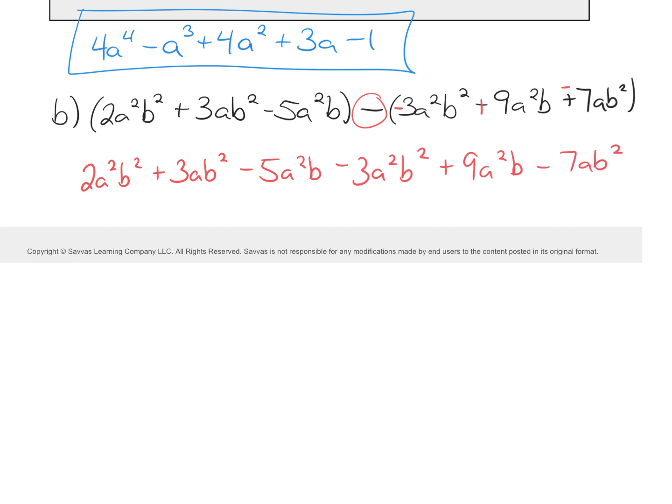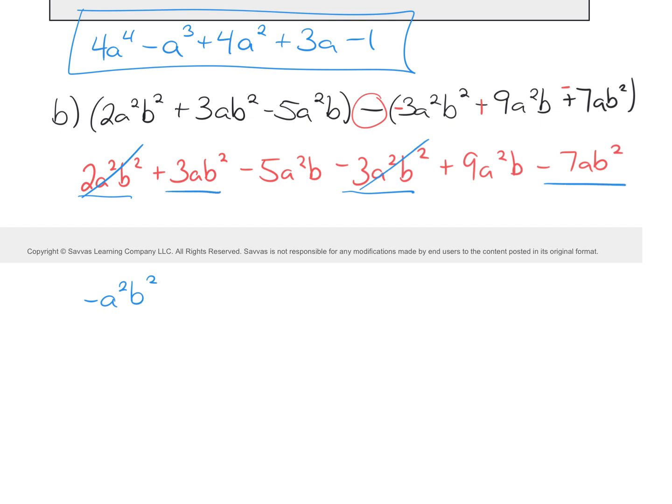What do I do next? Combine like terms. 2a squared b squared goes with negative 3a squared b squared. What do I get when I combine those? Negative a squared b squared. Next, ab squared. Yep, we're just going to go in order.